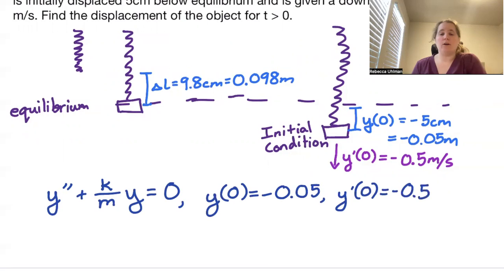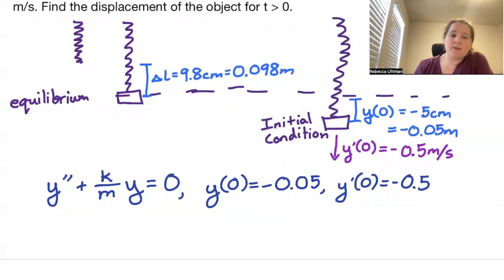You want to make sure that all of your units match. Since our velocity was given in meters per second, and usually we work with meters per second squared for our acceleration due to gravity, if we're in the metric system, it makes sense to go to meters.